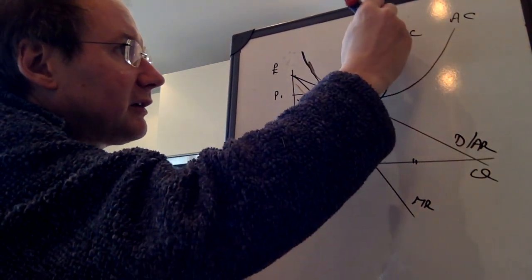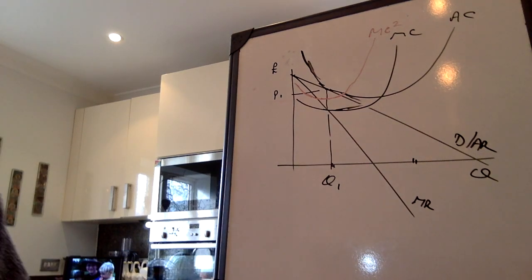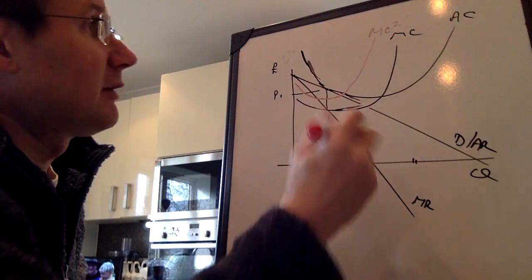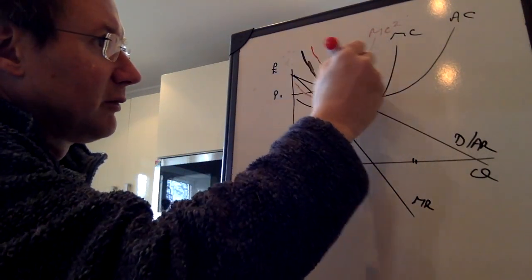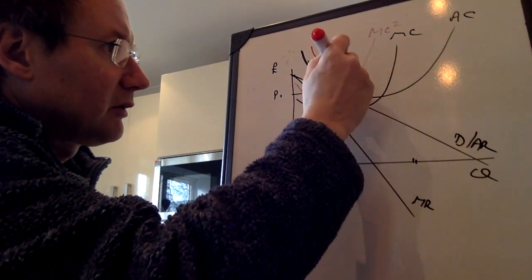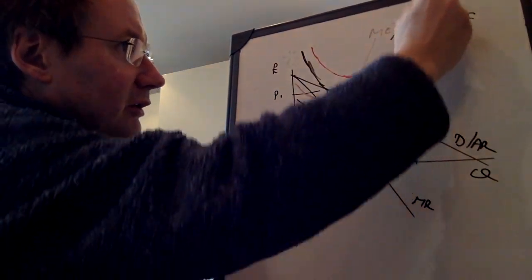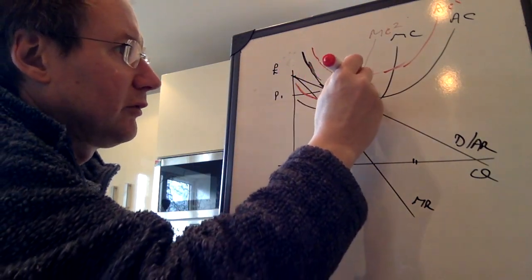MC2, that's what you get for not checking in advance. And then AC, again, is going to be above the original average cost curve, that's a bit better. The minimum point's going to be where it cuts marginal cost, and then it goes up like that. AC2, let's make that a bit more visible.